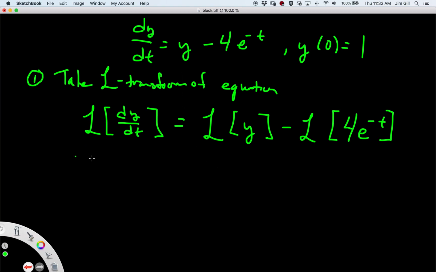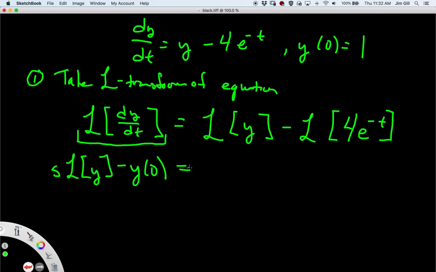All right, so what do we have here? Now, by the property of differentiation under the Laplace transform, we know what this is. This is s times the Laplace transform of y minus y at 0. This is what we had 2 slides ago, by integration by parts. Over here, we don't know what y is, so we'll just leave it as the Laplace transform of y.